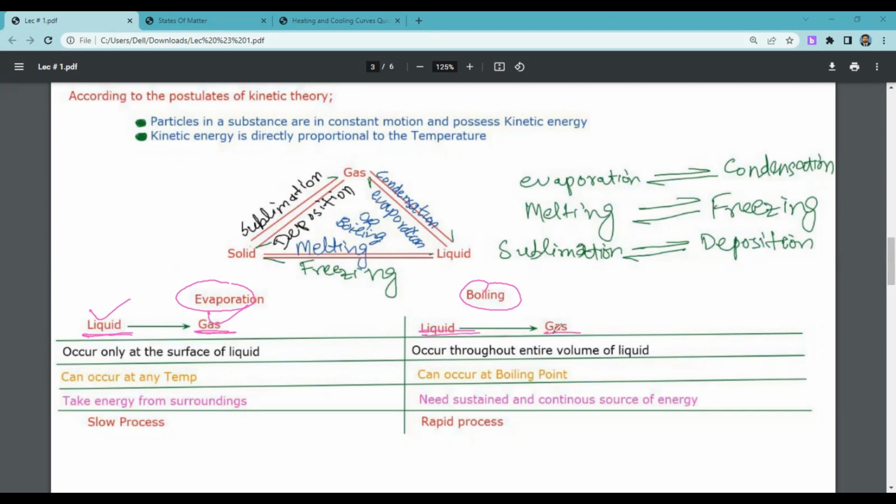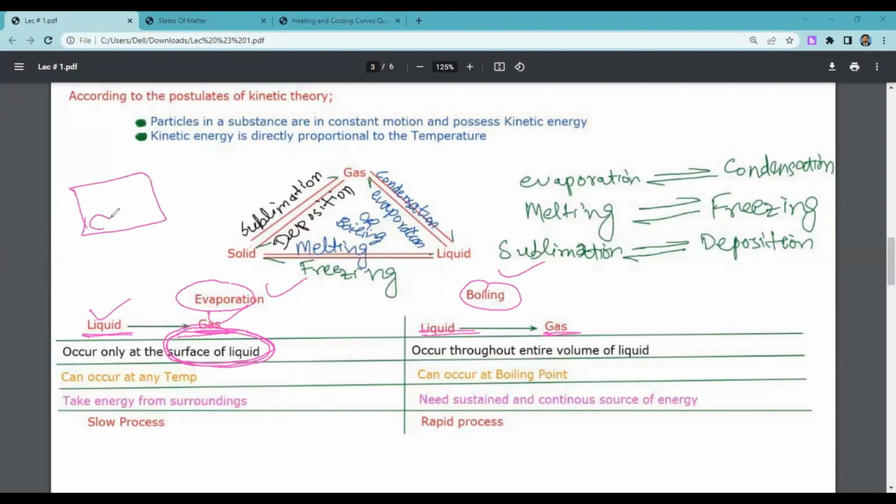Then what is the difference between evaporation and boiling? The first difference is that evaporation only occurs at the surface of the liquid.